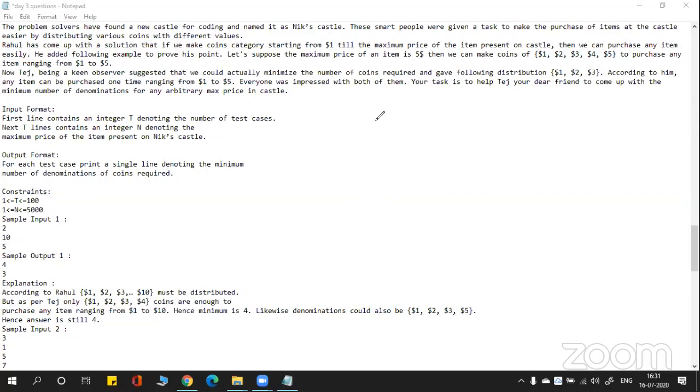Let me take initially n value as 10. And initially I'm taking some value m equal to 0.